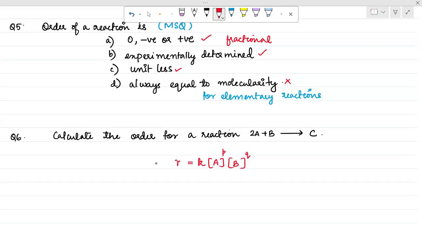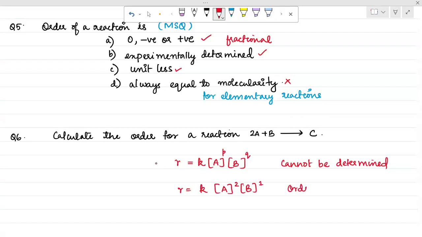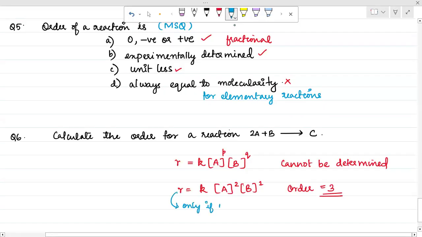The correct answer is you cannot determine. Cannot be determined. Why? If you have written rate is equal to K into A to the power 2, its stoichiometry, into B to the power 1, and you have written that the order is equal to P plus Q, which is equal to 3, third order, then this is wrong. You can write the sum of the coefficients as molecularity only if it is elementary.